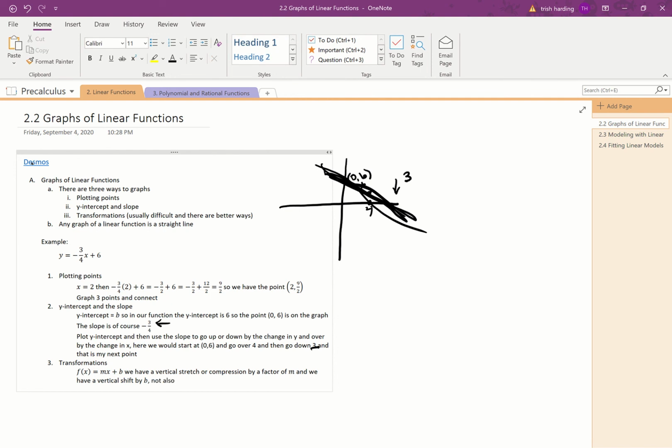Note also, if we have a negative slope, that means the line has gone through a vertical reflection across the y-axis. And I will show you what I mean using Desmos.